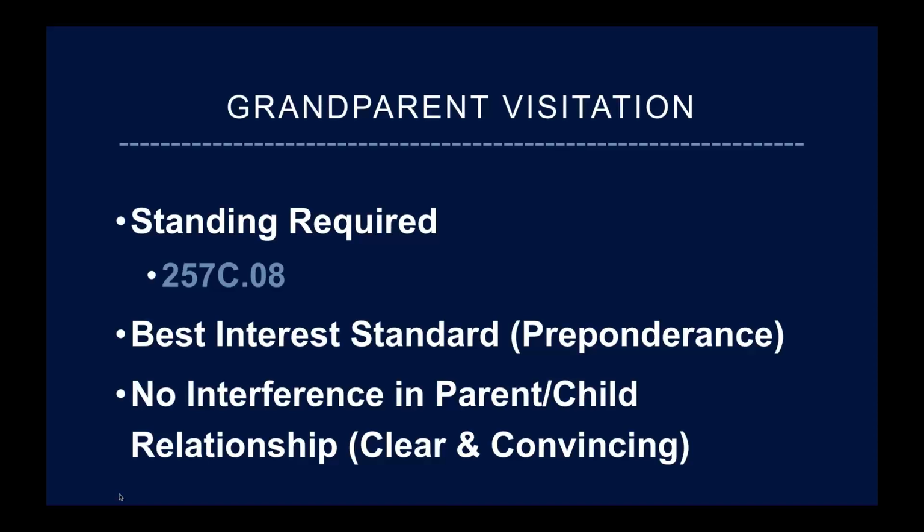So if the court were to find that the time between a grandparent and grandchild would result in some interference intergenerationally about how those parents want to raise their kids, that could be detrimental to a grandparent seeking time. And the grandparent has to prove by clear and convincing evidence that the grandparenting time would not lead to any interference in that parent-child relationship. So it's a challenging standard.